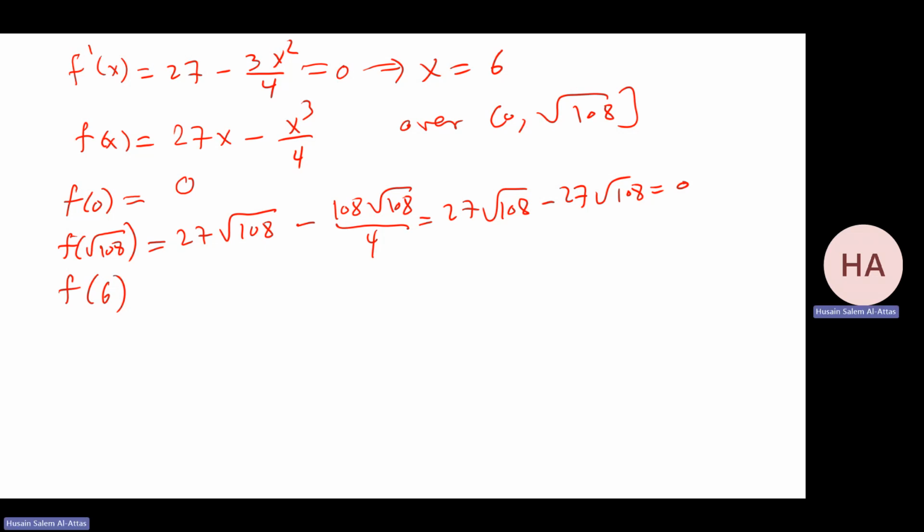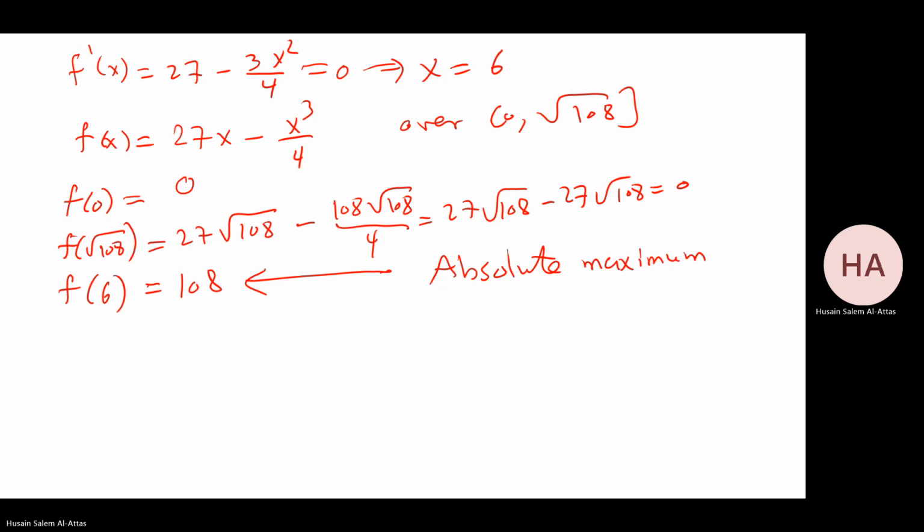F of 6 will be 108. So for sure, I have an absolute maximum here. Absolute maximum 108 when x equals 6. Now let me go back to the problem.